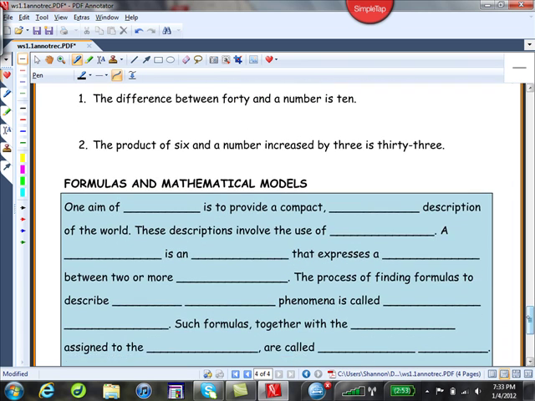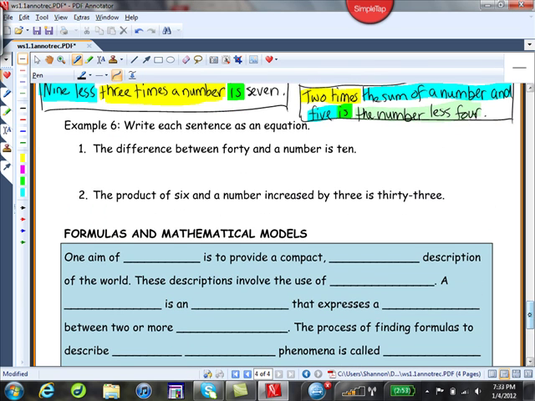All right, next example. Whoops, I have the directions. We want to write each sentence as an equation. So here we go. The difference between 40 and a number is 10. So when it says the difference between and then it says the 2 numbers, you put them in that order and you put that operation in between them. So we put 40 and a number, difference is subtraction, is equals 10.